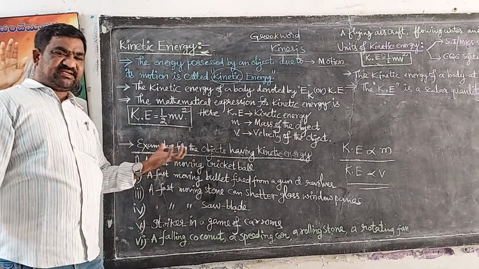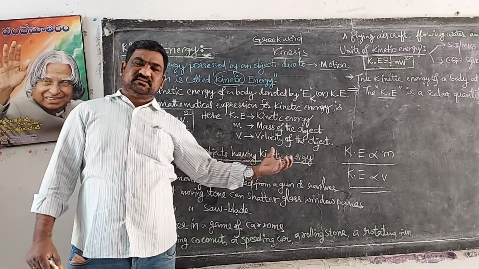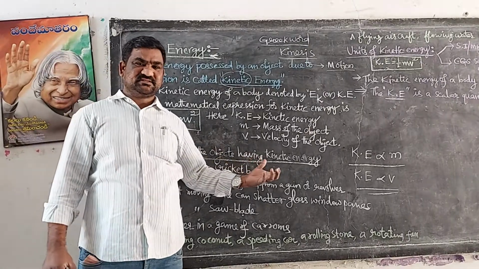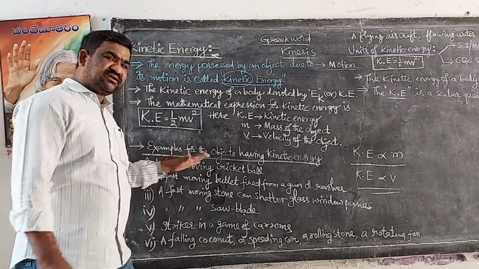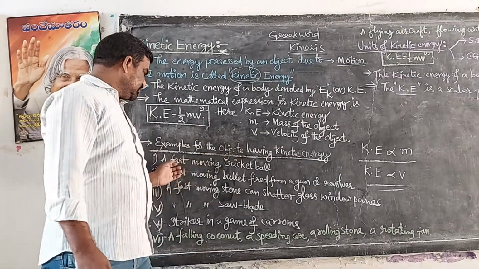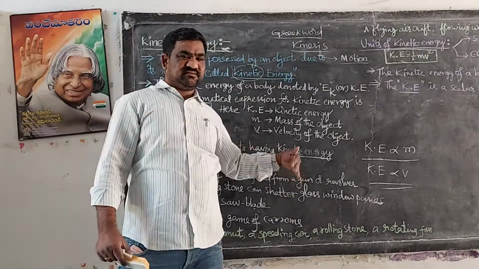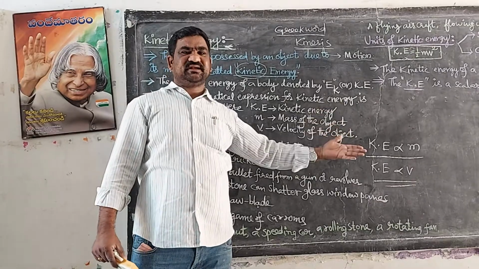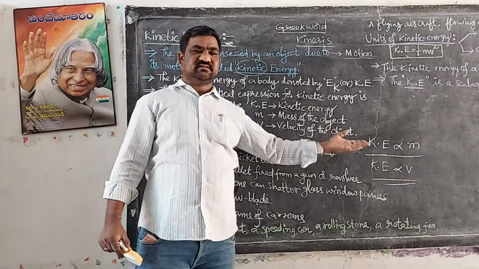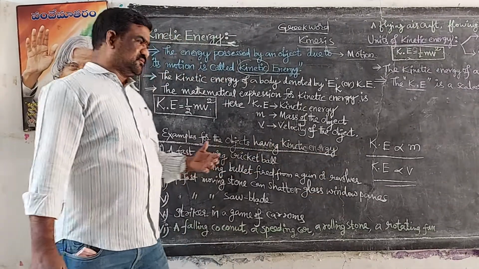Why? Because when it is in our hand, it is at rest. So it does not possess kinetic energy. But when we throw the cricket ball, it possesses kinetic energy. When the cricket ball with kinetic energy hits the wickets, they are displaced from their position.